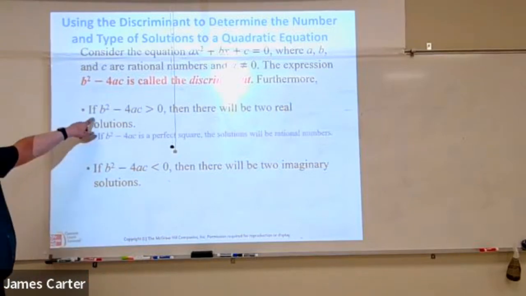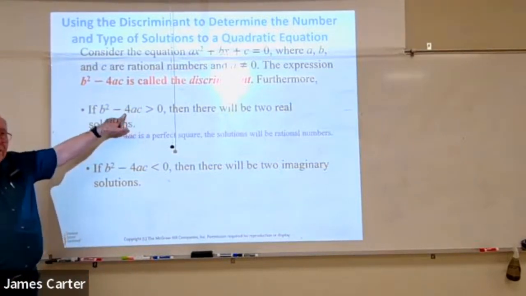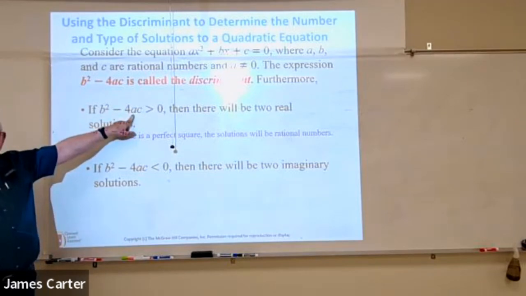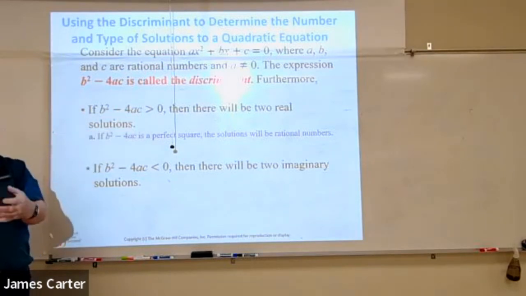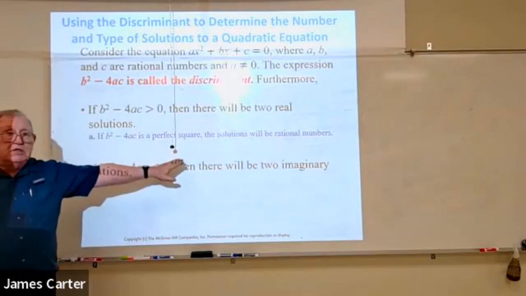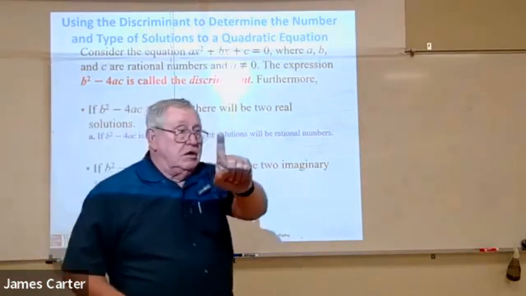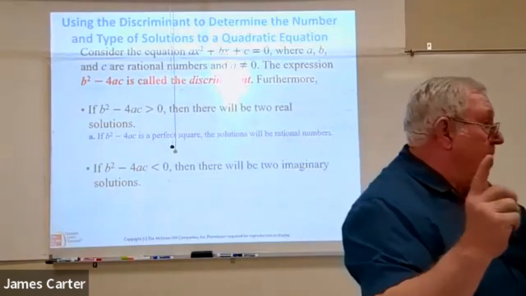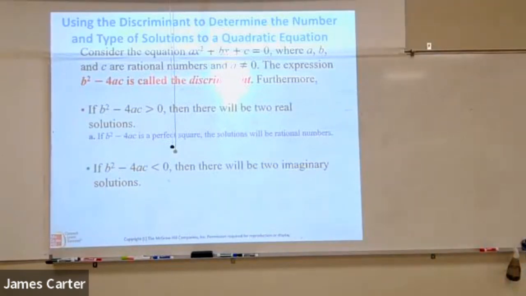Now, what this is saying is that the stuff under the radical, without actually taking the square root, will predict what kind of answers. Sometimes we got just one answer for each side, the plus or minus, right? Sometimes we got something with a radical in it on both, a plus or minus.